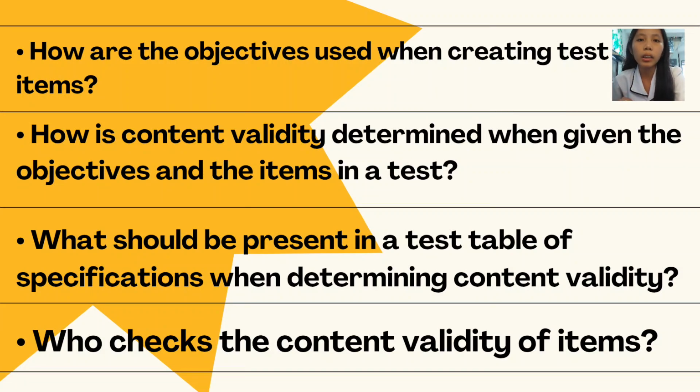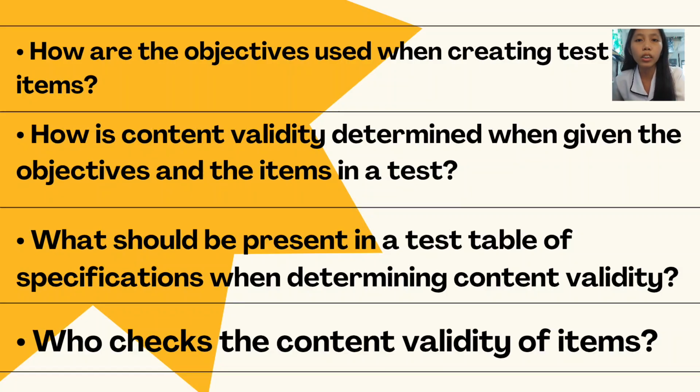And then next one is how is content validity determined when given the objectives and the items in a test? So here is the answer. Dito tinutukoy siya through aligning or yung tinatawag nating item objective matching ng bawat test item sa kaukulan o yung each ng objective nito gamit yung table of specifications, which is also what we call TOS.